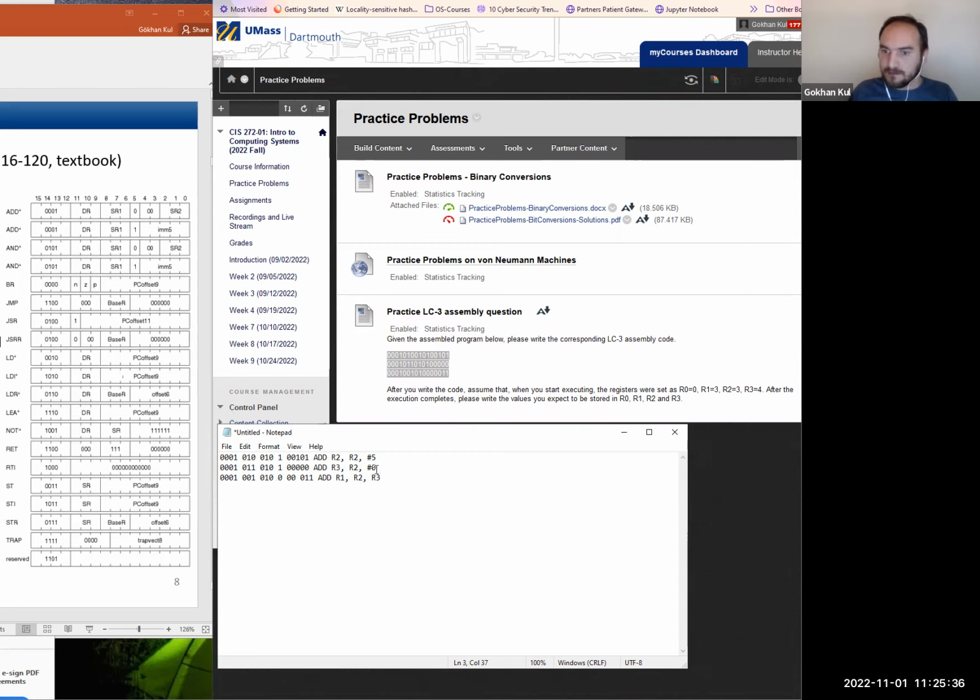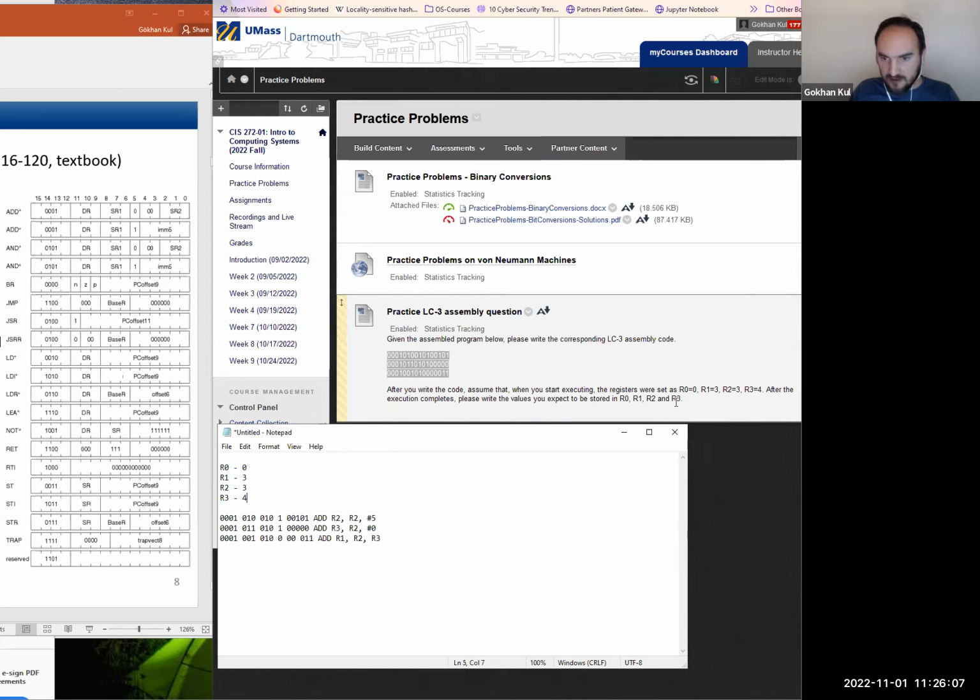Now in the question, it says that in the beginning R0 is 0, R1 is 3, R2 is 3, R3 is 4. That's what these numbers are in the beginning.